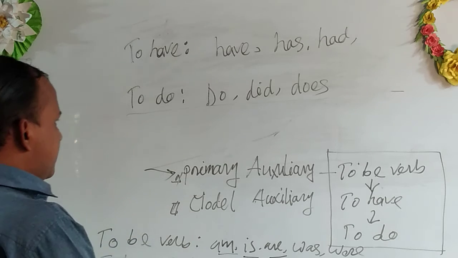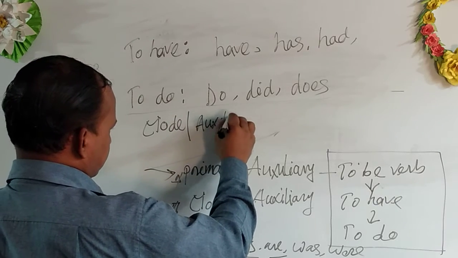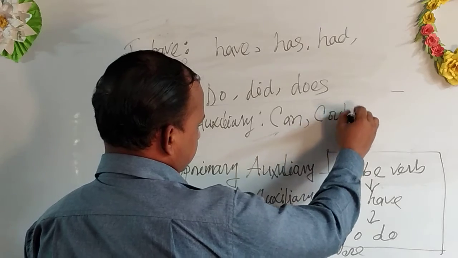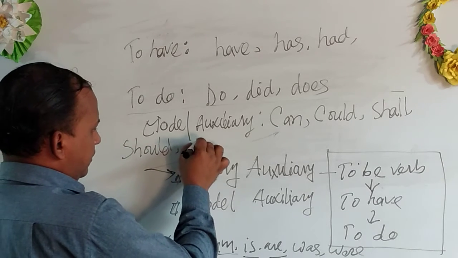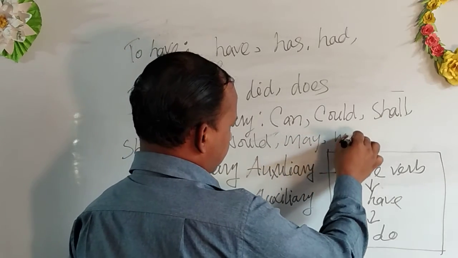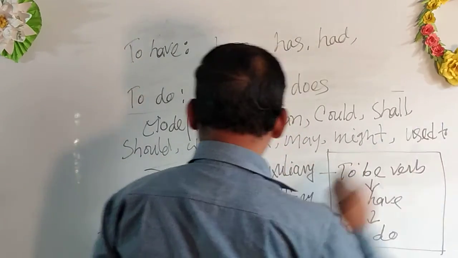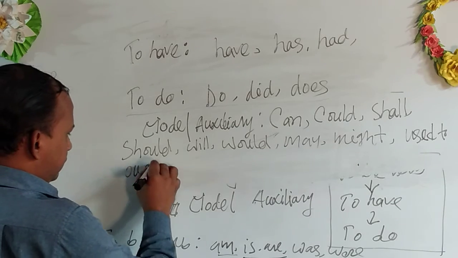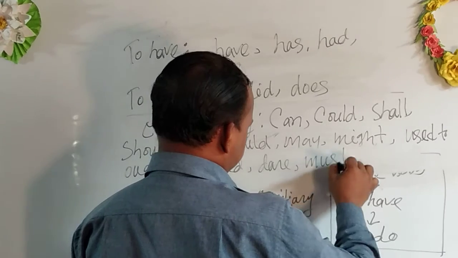Modal auxiliaries are such as can, could, shall, should, will, would, may, might, used to, ought to, needed, dare, must.